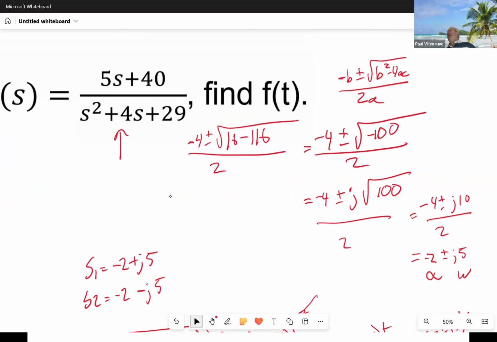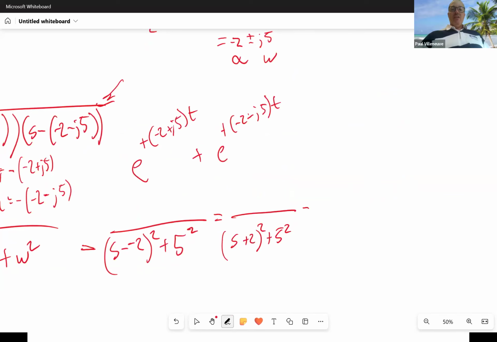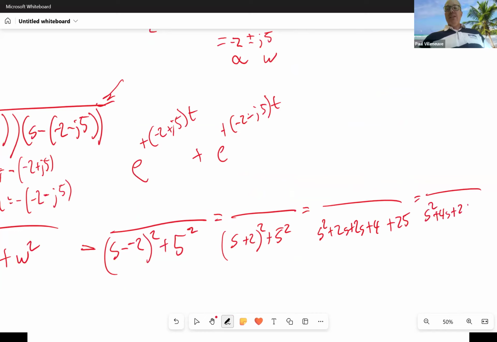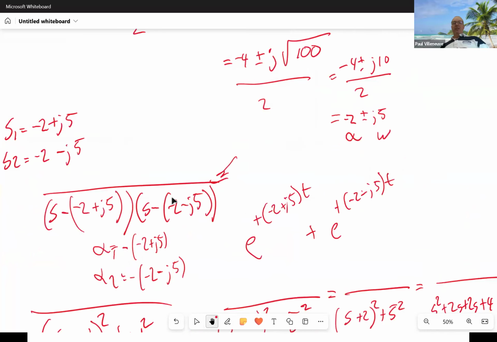Should be S squared plus 4S plus 29, at least in the denominator. So let's see. I'm going to FOIL that term. So I have S squared plus 2S plus 2S plus 4 plus 25, which is equal to, collecting all the terms, S squared plus 4S plus 29. Does that match our original number? Sure does.